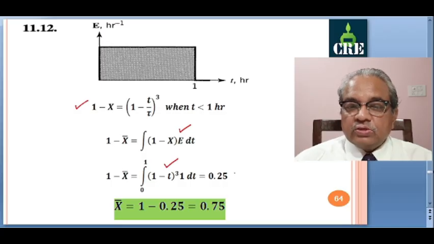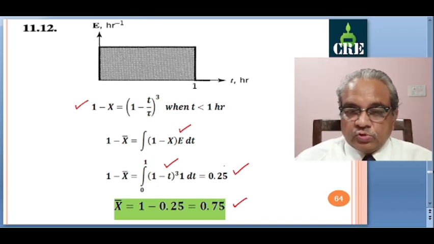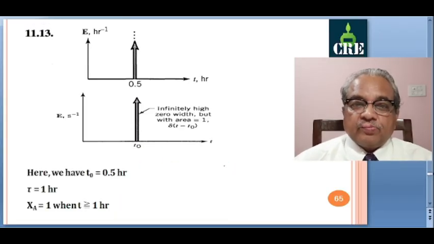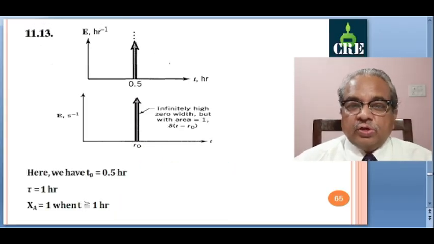So you solve this, you get it as 0.25. So x bar is 1 minus 0.25, and that is equal to 0.75. So you get mean conversion as 75%.